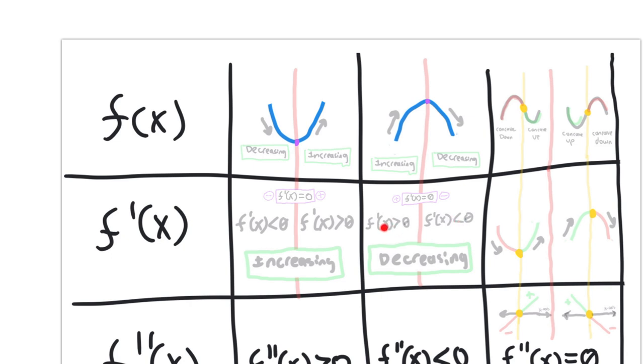If f prime of x is above the x-axis, also known as positive, then the original function is increasing, also known as having a positive slope. When f prime of x is less than 0, also known as negative, then the original function is decreasing, also known as having a negative slope. That is something that most students recognize, even when they're doing things like the first derivative test.